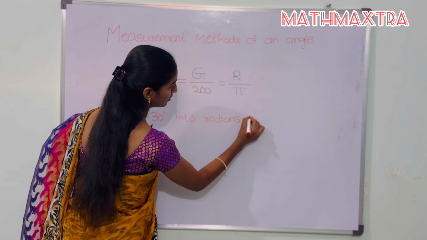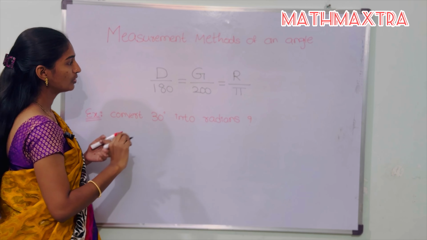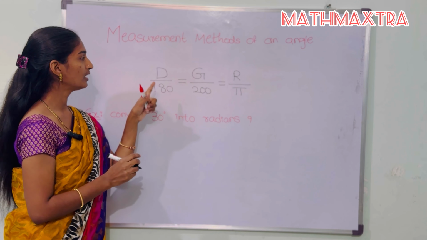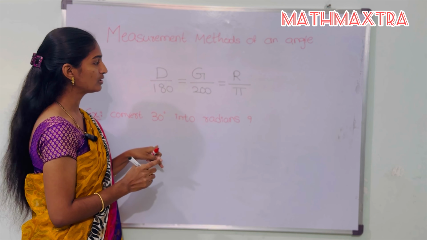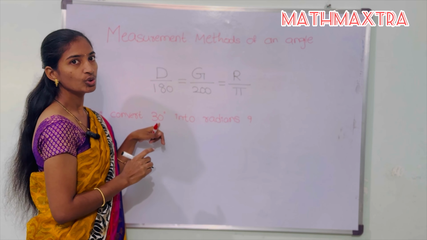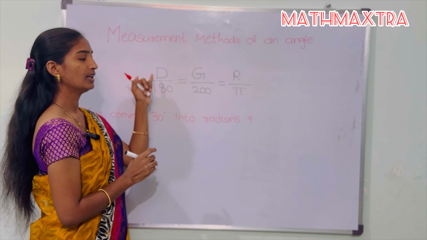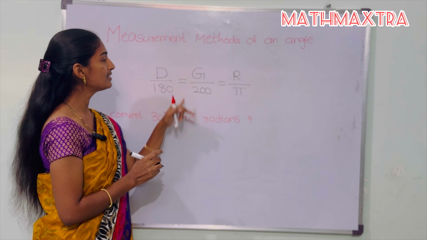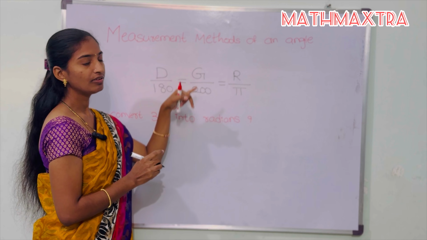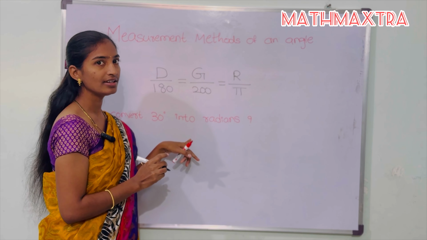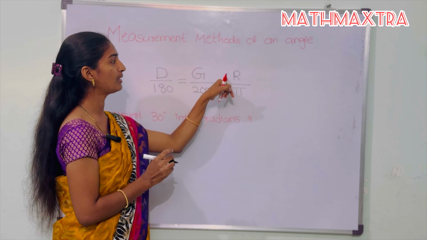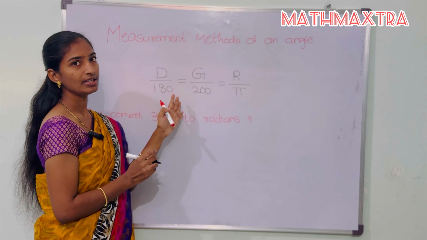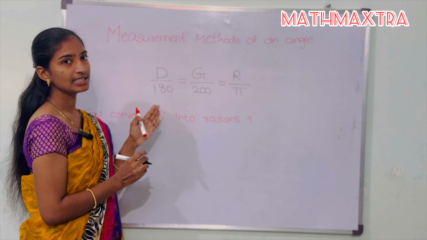In this relation, D is for degrees, so if degrees are given in the question, you have to substitute those degrees in place of D. If grades are given in the question, you substitute grades in place of G. If radians are given, you substitute in place of R. So you use this relation to change the units easily.